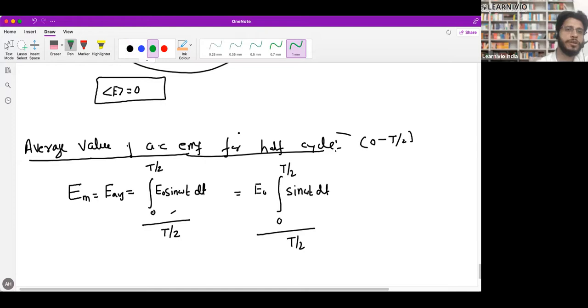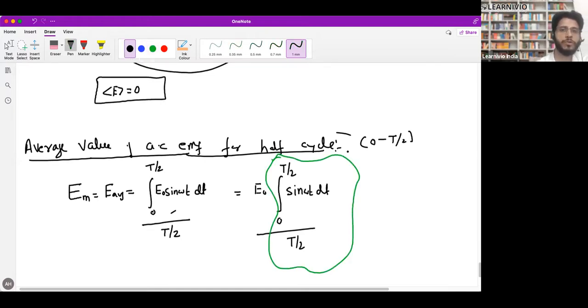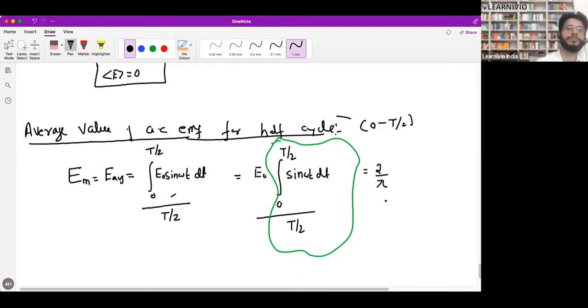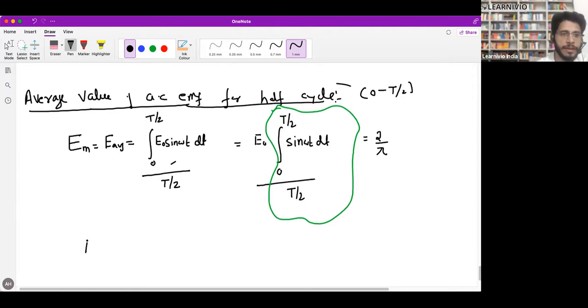This whole integral comes out to be 2 by pi. So it comes out to be E naught into 2 by pi, which is E naught into 2 by 3.14. When you divide 2 by 3.14, you get 0.637 of E naught.